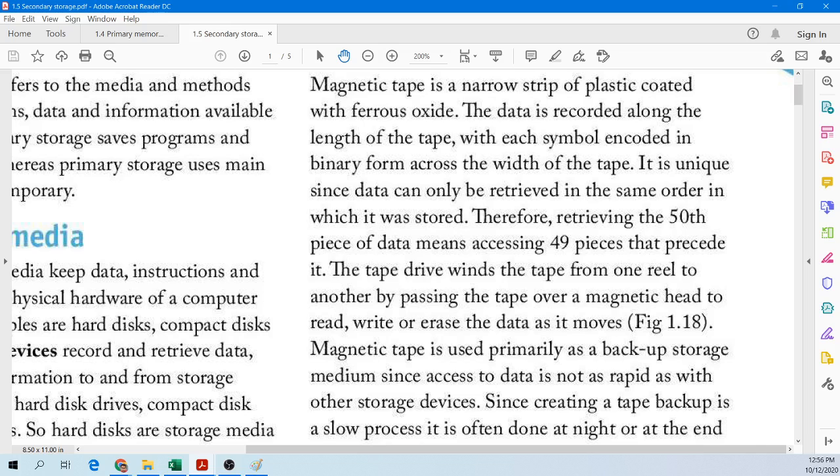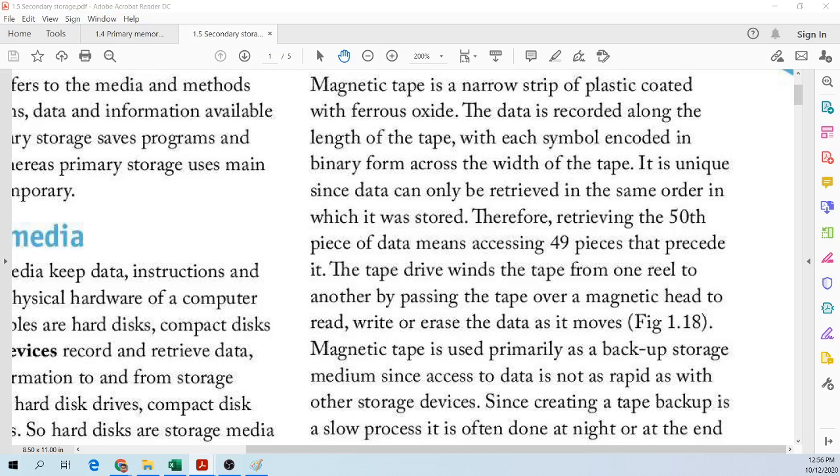The tape drive winds the tape from one reel to another by passing the tape over a magnetic head to read, write, or erase the data as it moves. Magnetic tape is used primarily as a backup storage medium, since access to data is not as rapid as with other storage devices. Since creating a tape backup is a slow process, it is often done at night or at the end of a working day.